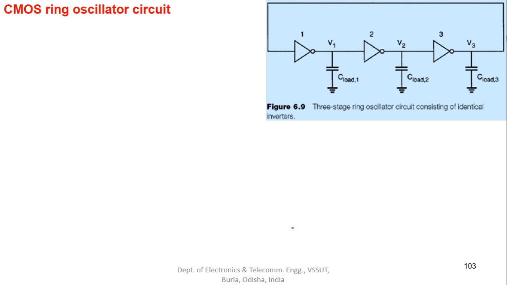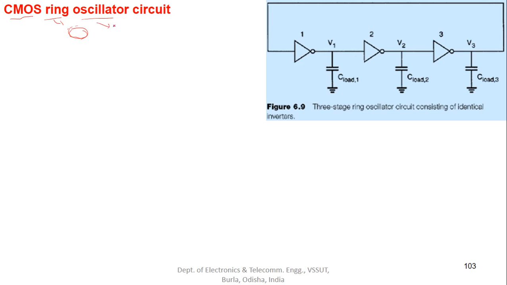So let us come to the next topic after these propagation delay calculations: the ring oscillator circuit. A CMOS ring oscillator circuit. Ring indicates that it's a kind of closed loop circuit, closed in nature.